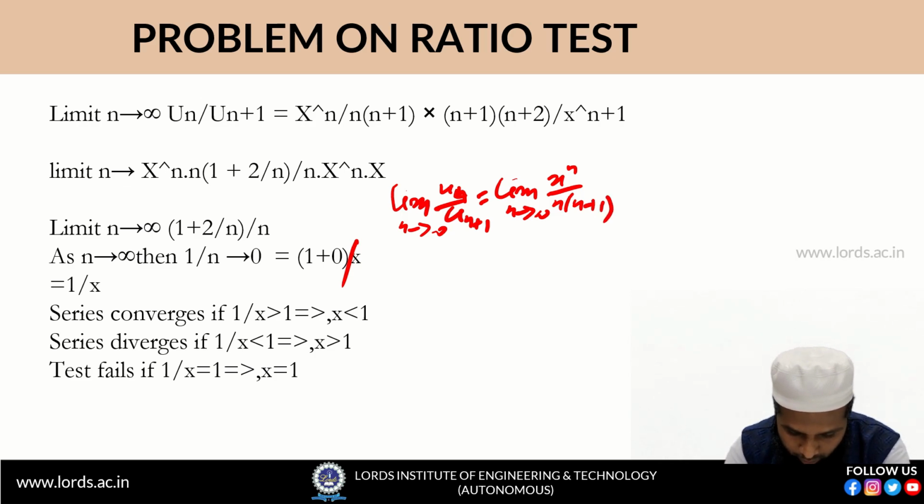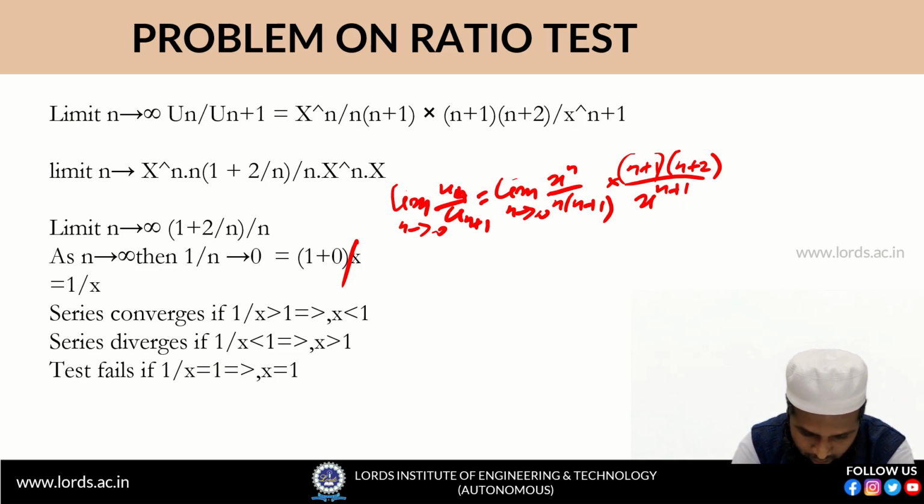Now I have to take the reciprocal of u_{n+1}, which is (n+1)(n+2) divided by x^{n+1}. This is the ratio, and now you can do some cancellations.